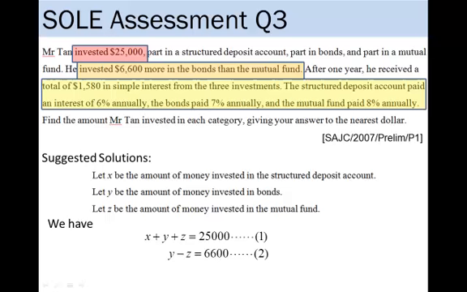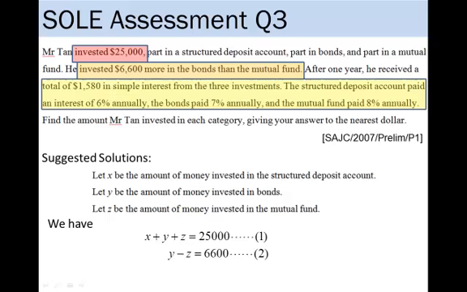And then the last piece of information, that he received a total of $1,580 in simple interest from the 3 investments after 1 year. The structured deposit account paid an interest of 6% annually, bonds paid 7%, and the mutual fund paid 8% annually.